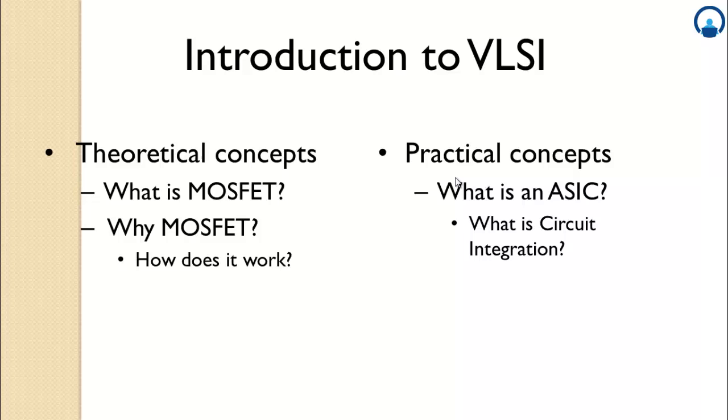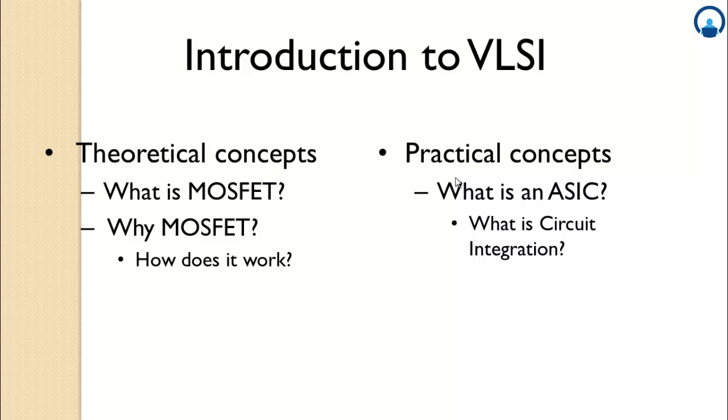In the theoretical concepts, we will start with a very basic description of what a MOSFET is, why MOSFET, and how it works. As we all know, MOSFET is metal oxide semiconductor field effect transistor, right? This MOSFET is the new generation, or you can say a successor, of the BJT, that is bipolar junction transistor.